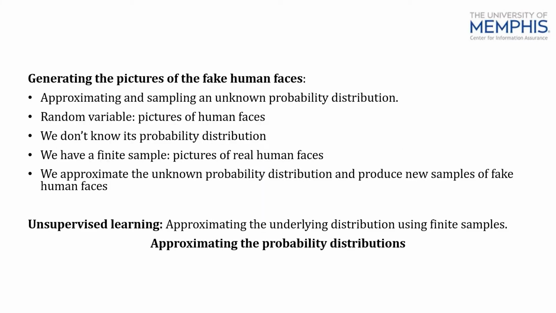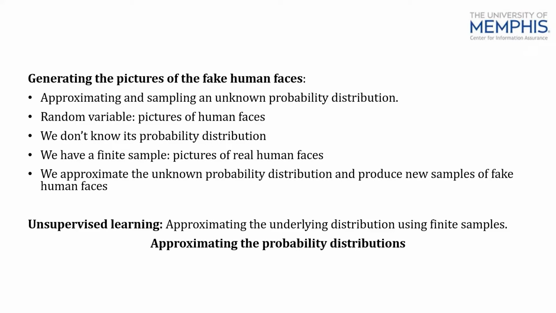So let us focus on the problem of generating fake human faces. This problem is approximating and sampling an unknown probability distribution. We use the random variable of the human faces, where we don't know the underlying distribution of this random variable. We have a finite sample of pictures of real human faces.